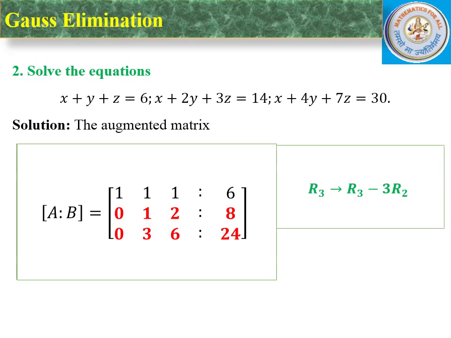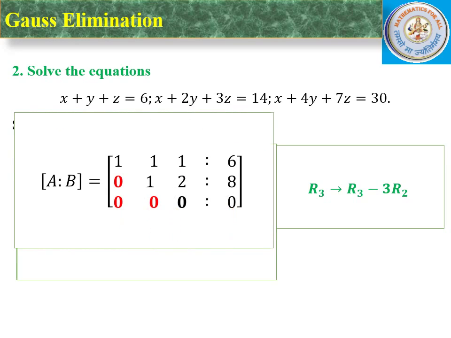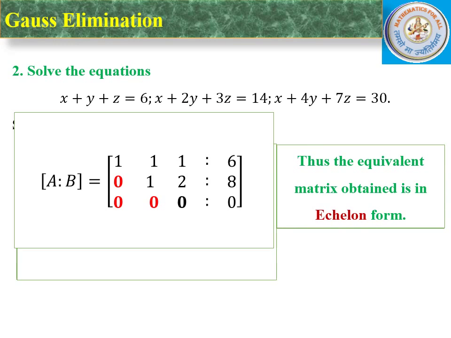Now to make the 3 into 0, R3 becomes R3 minus 3R2. By this elementary row operation it will be 0. So what we see here is that all the elements in the third row are 0. In this case we have the echelon form which has only two non-zero rows.